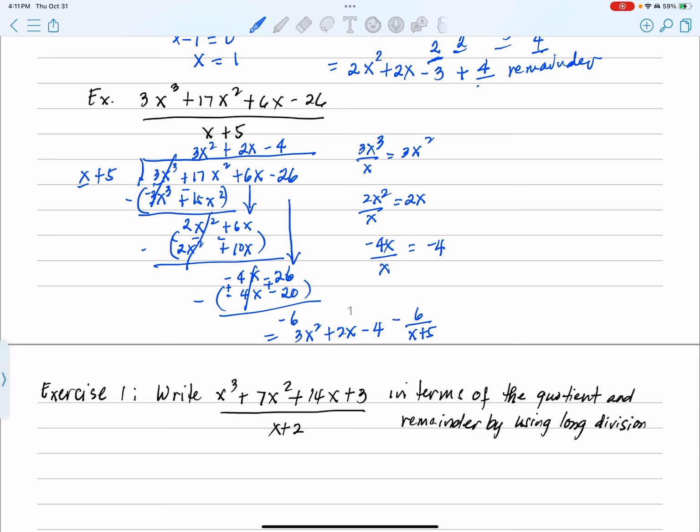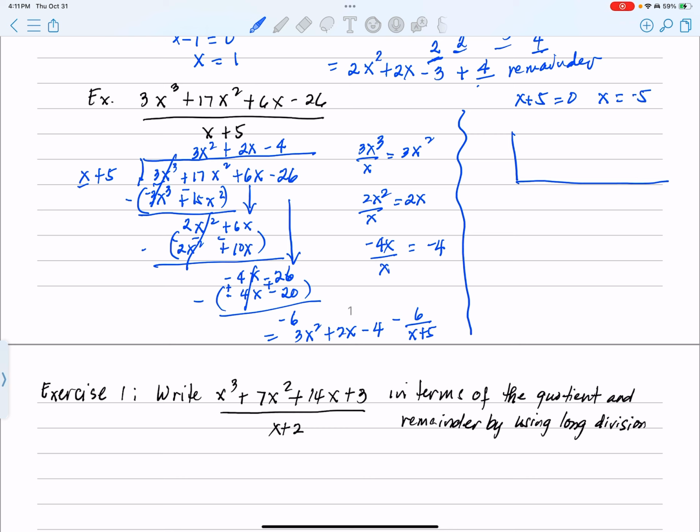Okay. Let's try doing the synthetic division at the side. Okay, let's put the table upside down. And then for our divisor, x plus 5 equals 0, so x is negative 5.